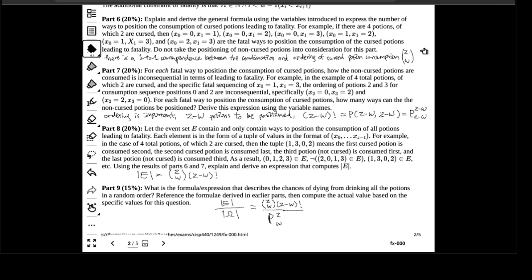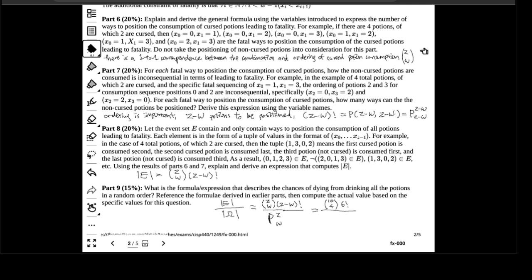So this is the actual equation, and to compute it, in this case, it is 10 choose 4 times 6 factorial, and then the whole thing divided by 10 factorial divided by 6 factorial.